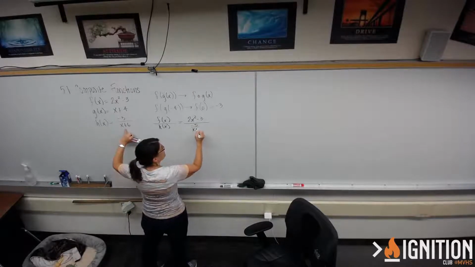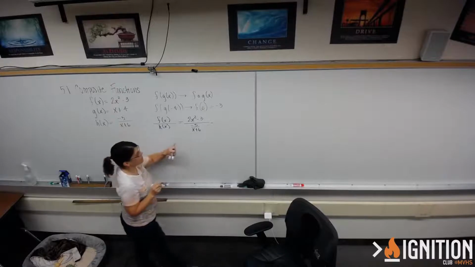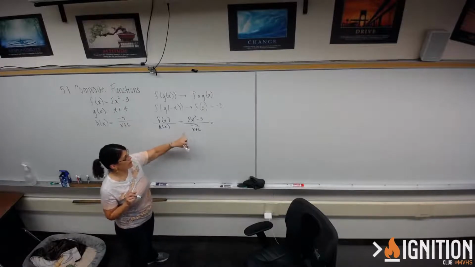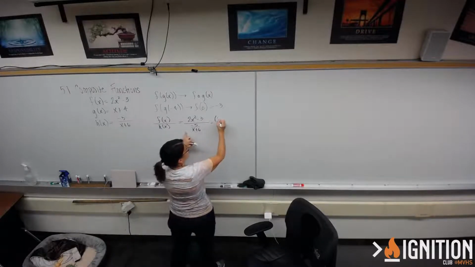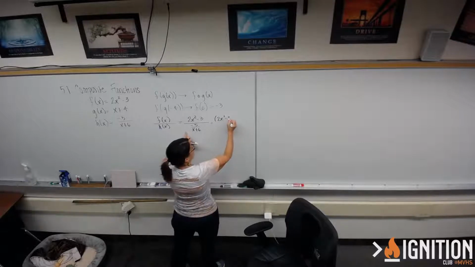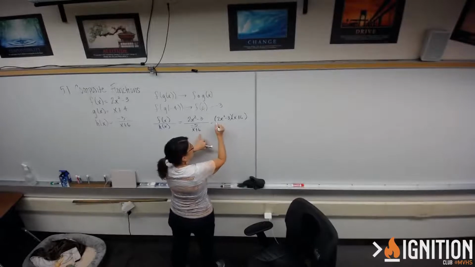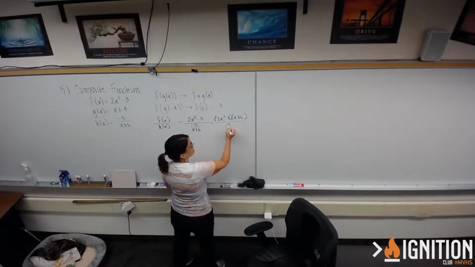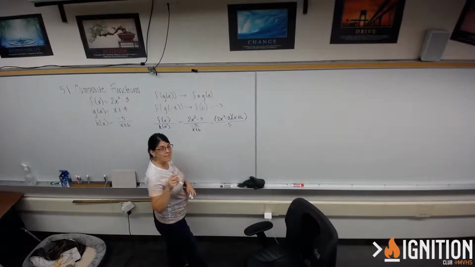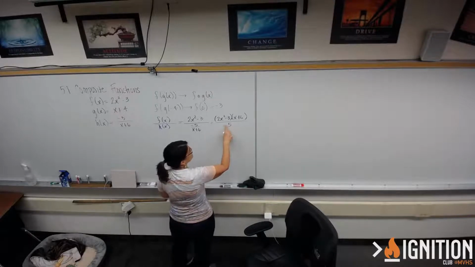You cannot leave it this way. No. Multiply by the reciprocal. So you get 2x squared minus 3 times x plus 6 all over negative 5, which of course is icky math. No negatives in the denominator.